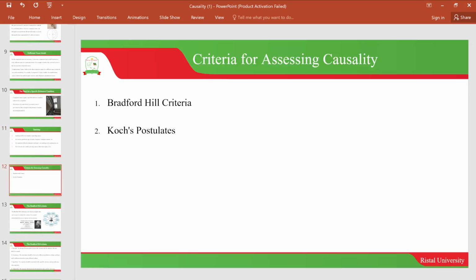Okay, so we have ways that we can use to determine whether A is linked to B, whether an exposure A is linked to a health outcome B. And in epidemiology, we usually use the Bradford-Hill criteria and Koch's postulates.